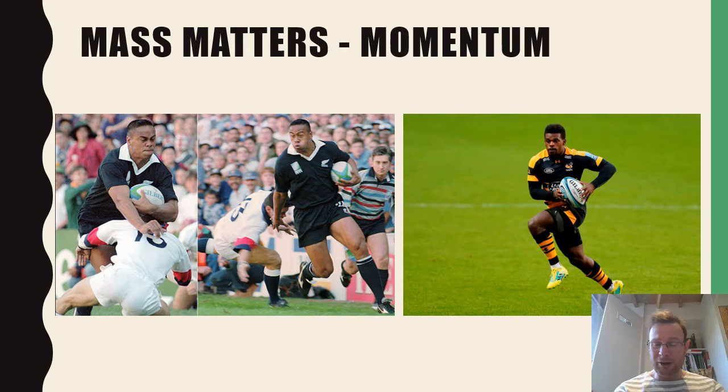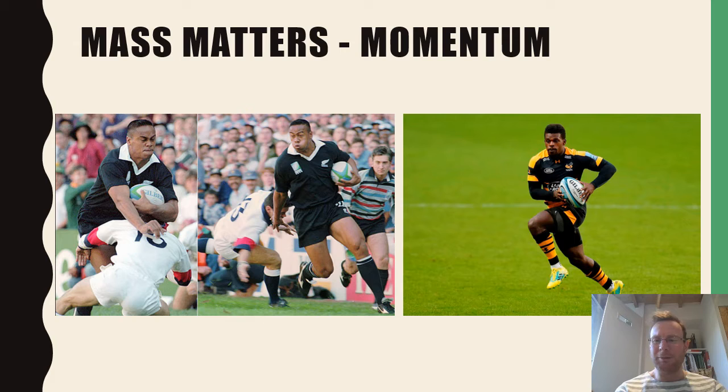On the right hand side, I've got Christian Wade, who I thought was an absolutely phenomenal rugby player. But you can see he's much smaller. He's about 5'9", 5'10". Not a small man, but he's incredibly agile. When he runs, it's like he corners like a fly. But he never really made it as an England player.